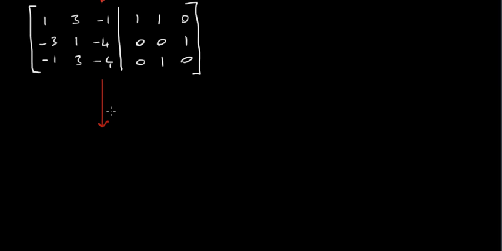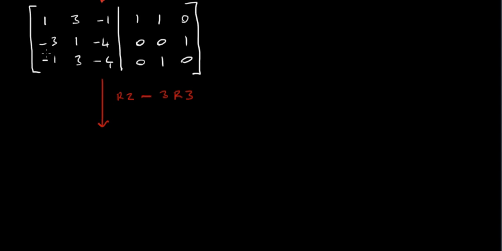Okay, so next thing I'm going to do is I'm going to take row 2 and I'm going to subtract 3 times row 3. So I'm going to take row 2 and I'm going to subtract 3 times row 3.